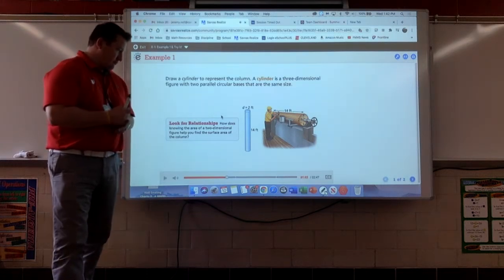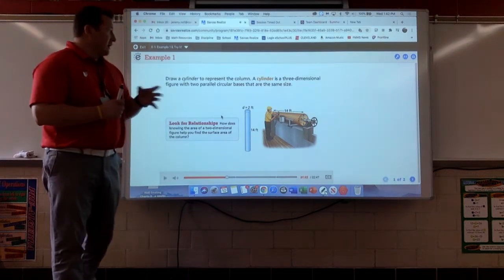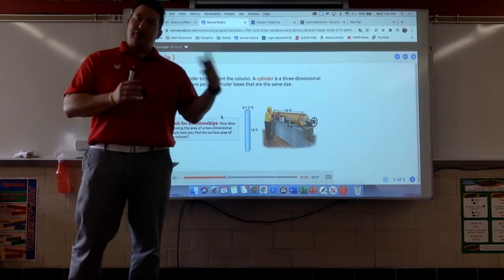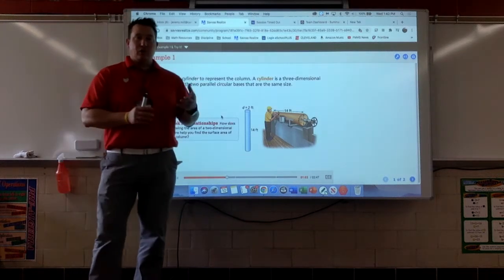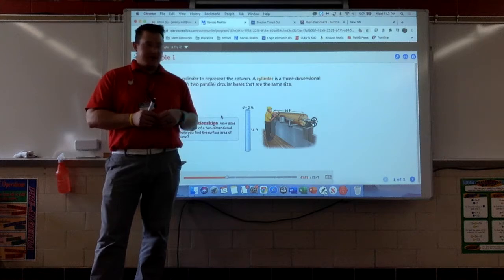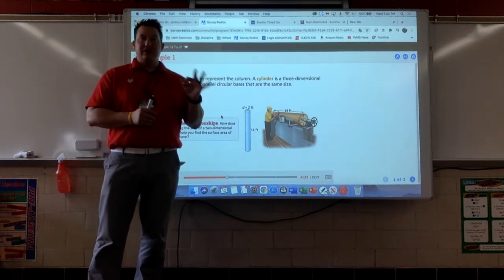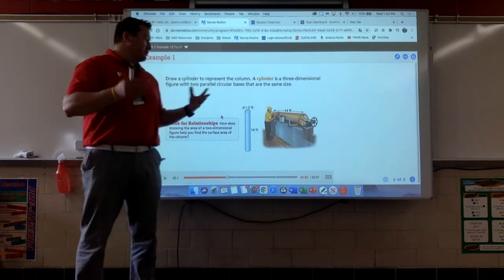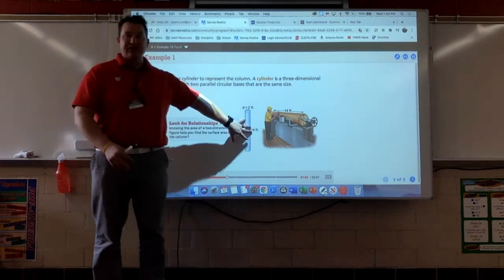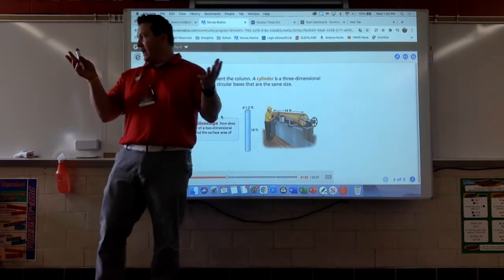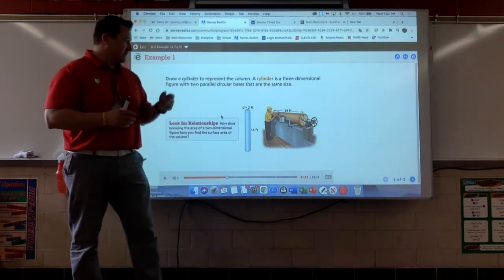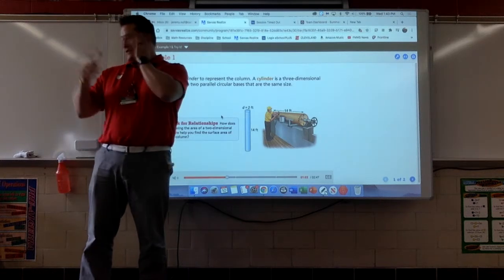All right. So guys, when we find surface area, different than area, we're dealing with three-dimensional figures, whereas with area we're dealing with two-dimensional figures. So we have to break these 3D figures out into what they call nets, right? You maybe talked about nets back in 5th and 6th grade.